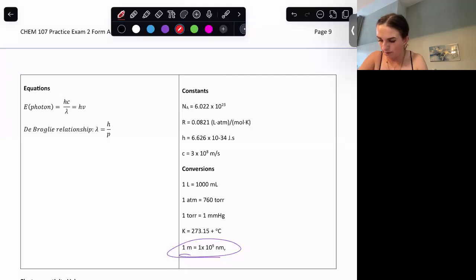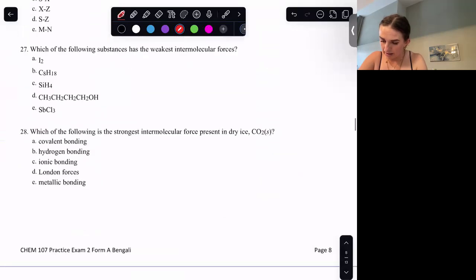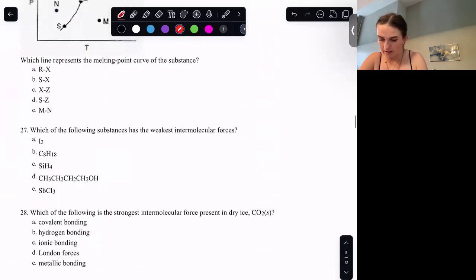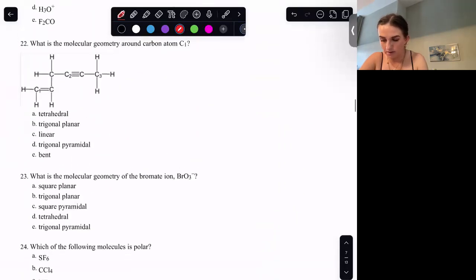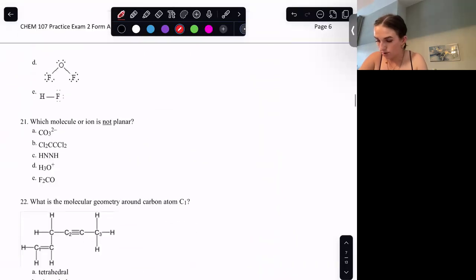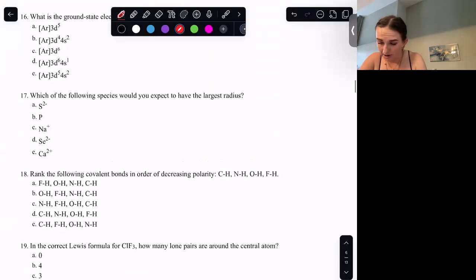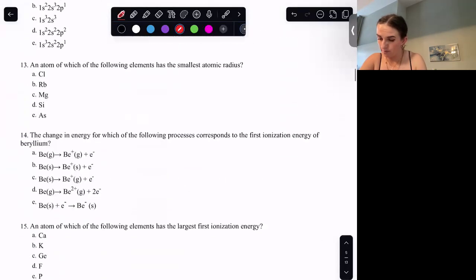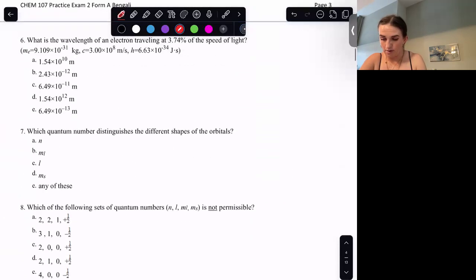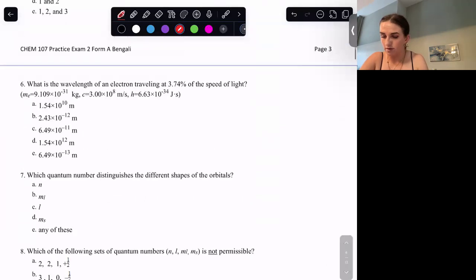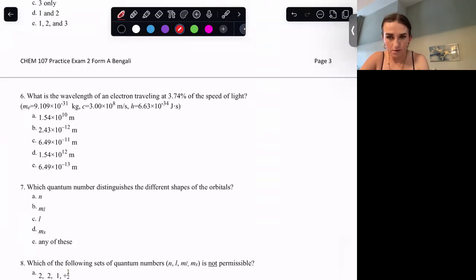Yeah, I would say a lot of electromagnetic spectrum, intermolecular forces, phase diagrams, Lewis structures, polarity is a big one. Yeah, everything. Probably a lot of chapter 5 or unit 5.